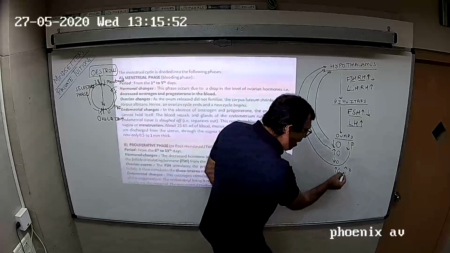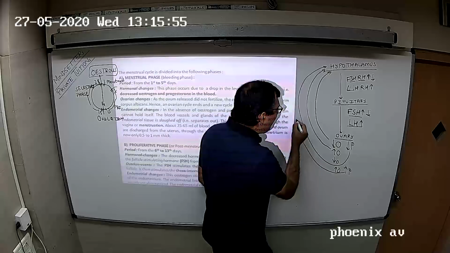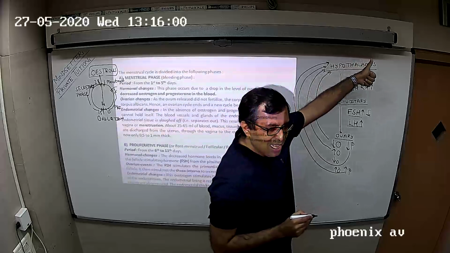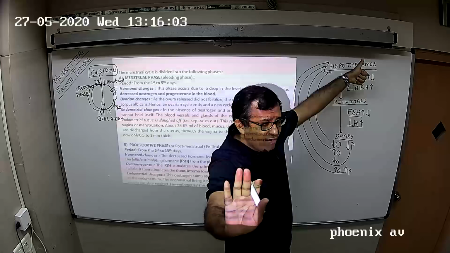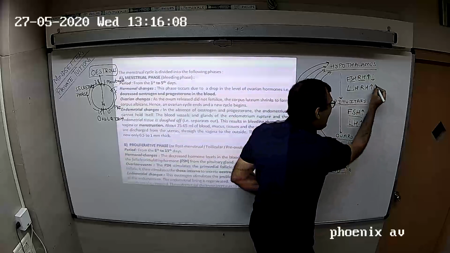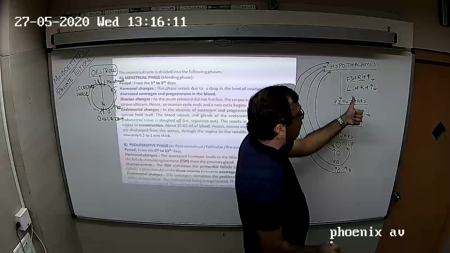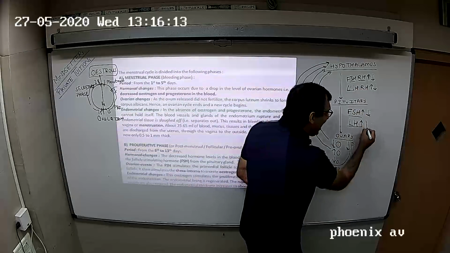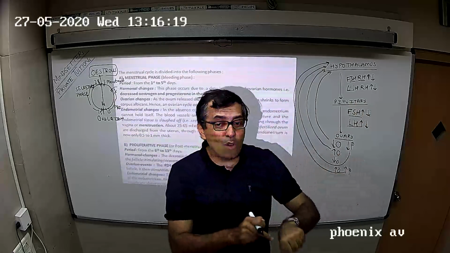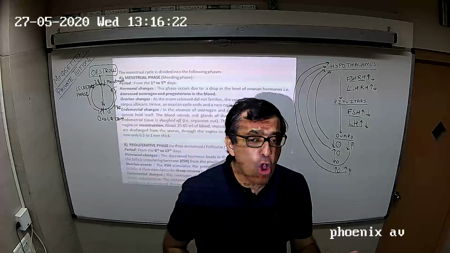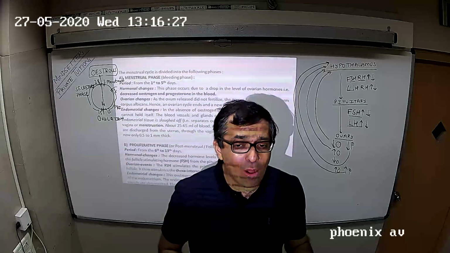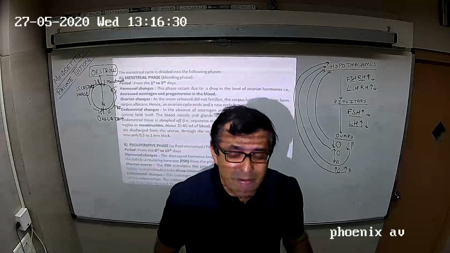Now, high amount of progesterone will give a negative feedback to the hypothalamus. Hypothalamus will stop helping in secretion of progesterone. It stops giving LHRH. So pituitary gland stops giving LH, and in the absence of luteinizing hormone, corpus luteum will degenerate to form the corpus albicans.